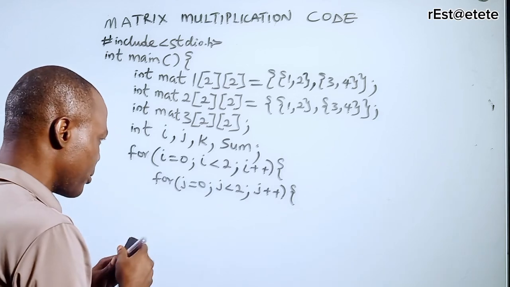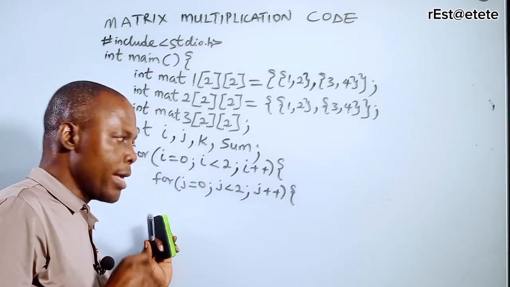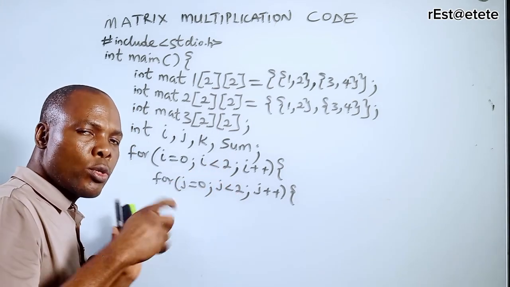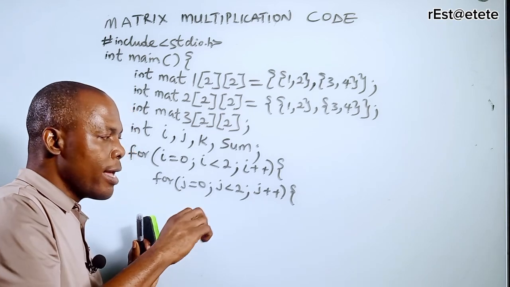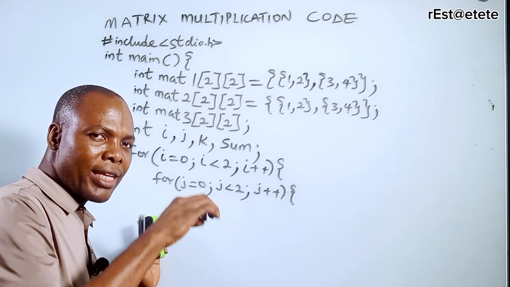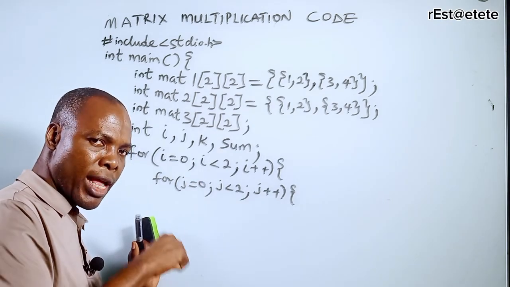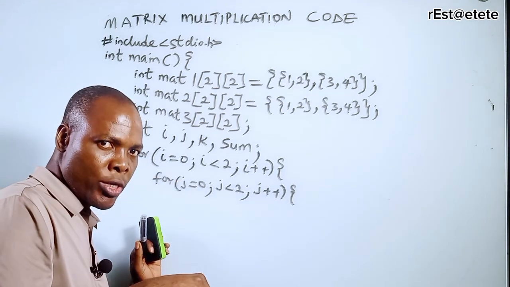Then you go in. Now I'm going to do something here before the k. Because I'm going to carry out my multiplication inside, I'm going to carry out my process inside the k loop, which is the third inner loop. I will have to do my summation also inside.